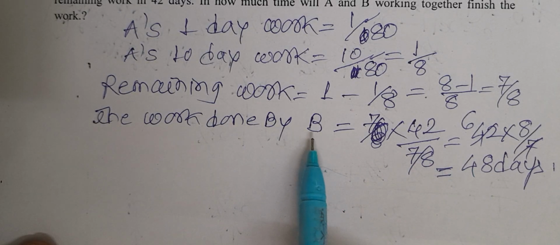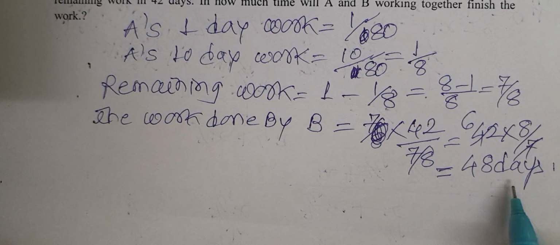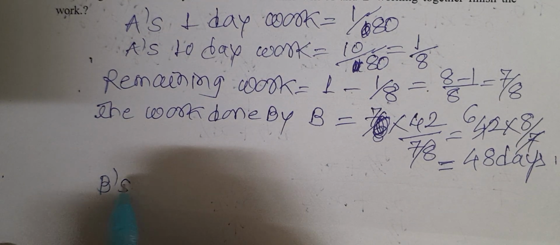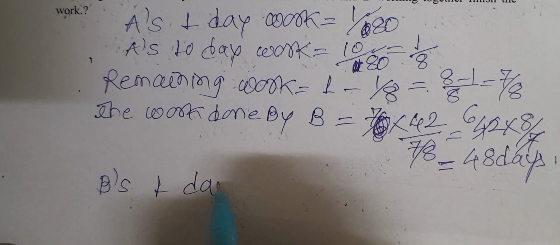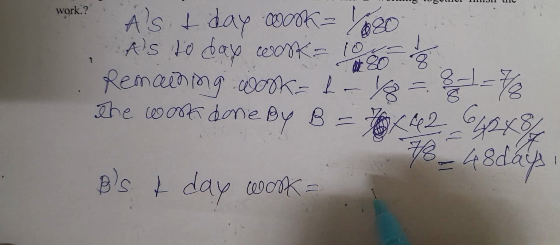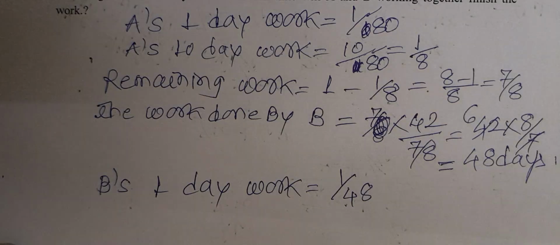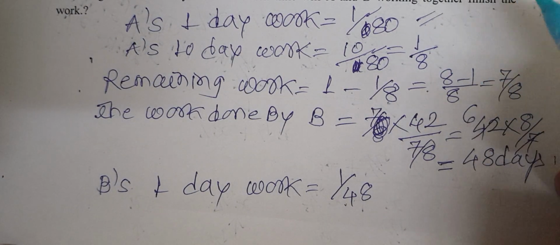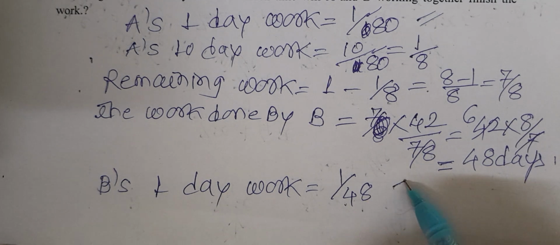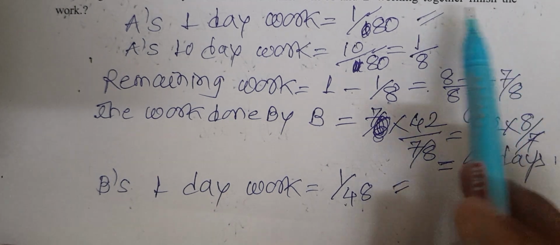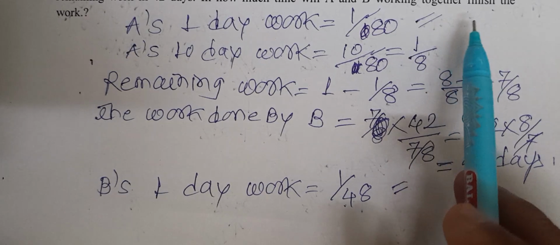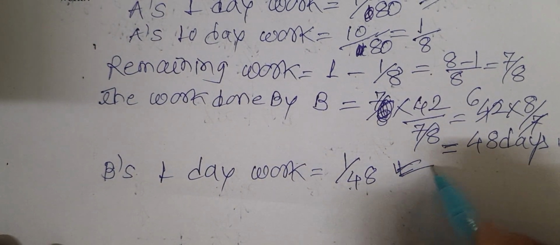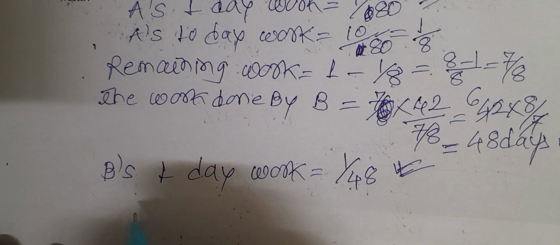The work done by B takes 48 days, so B's one day work is equal to 1 by 48. Now we have A's one day work, 1 by 80, and B's one day work, 1 by 48.